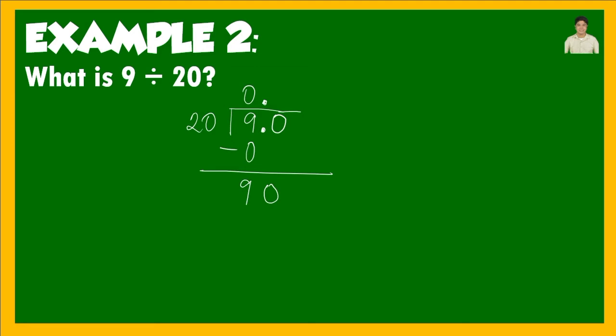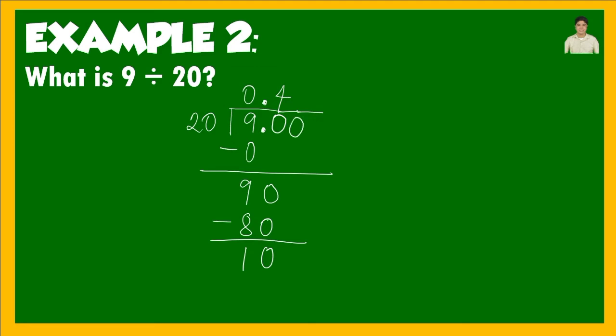90 divided by 20, the answer is 4. 4 times 20, that is 80. 0 minus 0, 0. 9 minus 8, that is 1. Can we divide 10 by 20? No. We need to add another 0.